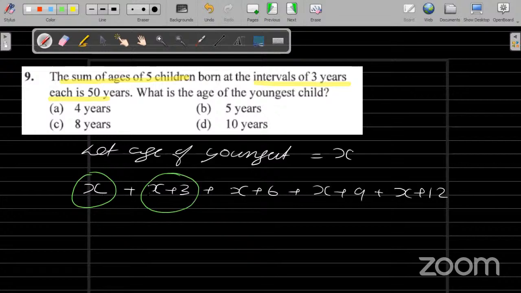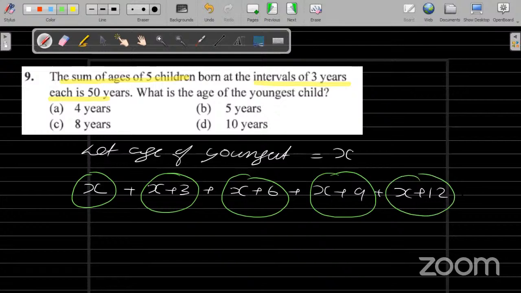The next one was born 3 years prior to the youngest one. And the next one, plus 3: X plus 3 plus 3, X plus 6. Then X plus 9 and X plus 12. This sum is given as 50 years.